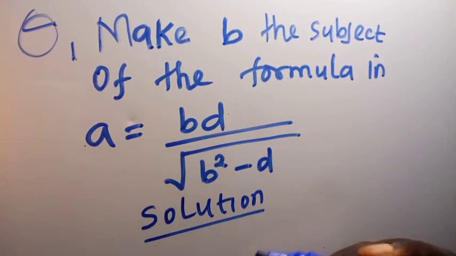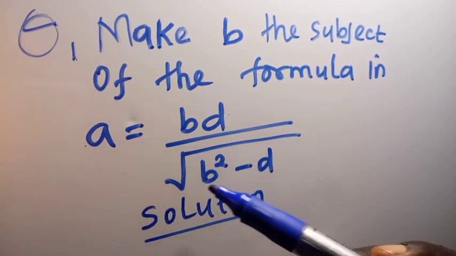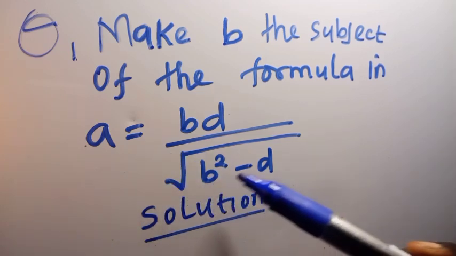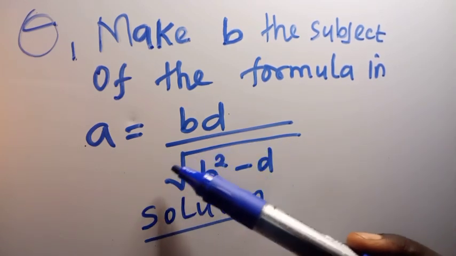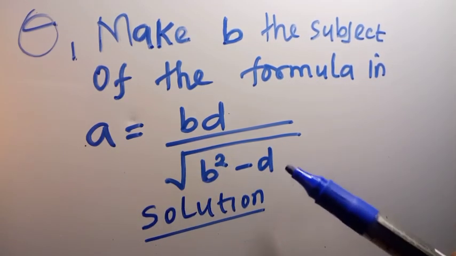Now, the first thing that we shall do at this point is we square on both sides to eliminate this square root.